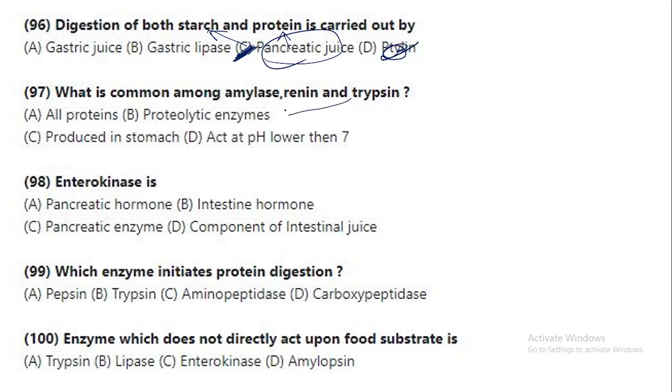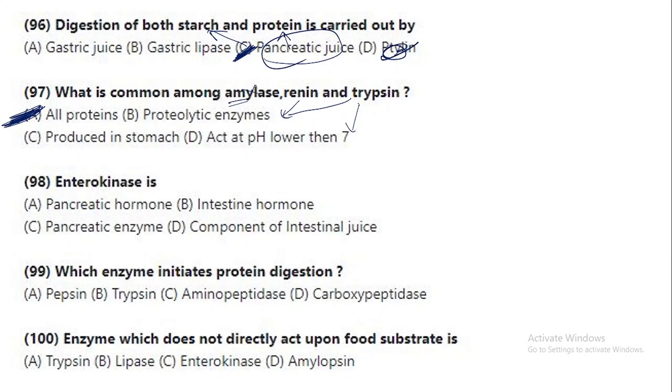Trypsin is a proteolytic enzyme, renin is a proteolytic enzyme, but not amylase, so that's not common. Are they produced in the stomach? No. Do they act at pH lower than 7? No, because trypsin acts on chyme, and the pH in the mouth is more than 7. So the right option is that all are proteins, because they are all enzymes, and enzymes are all proteins.